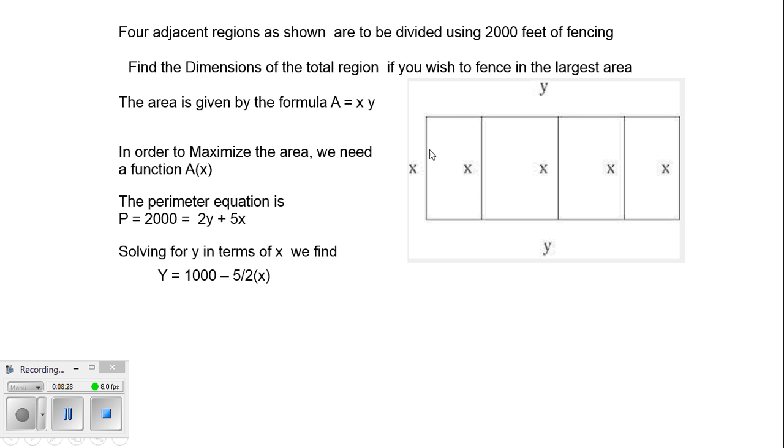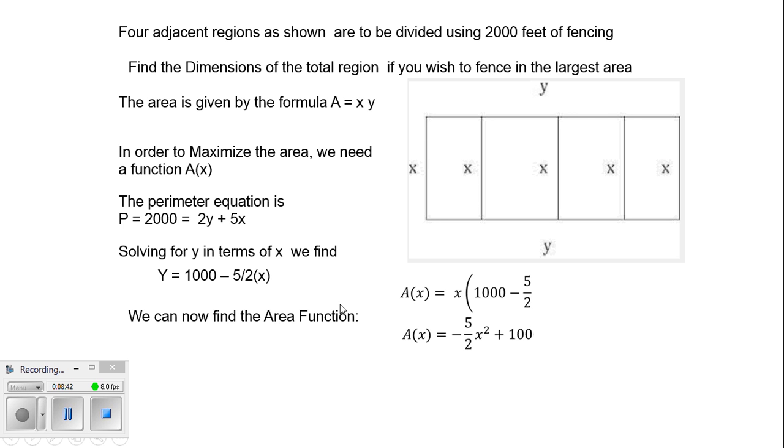And then the largest possible area that can be contained with that 2,000 feet is simply the overall area, X times Y. Y is replaced with 1,000 minus 5 halves X, so the area is X times that. Doing our distributing, we can see that the function is quadratic, again a downward opening parabola.